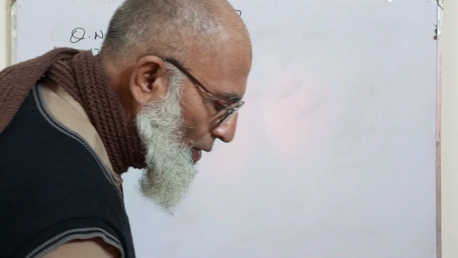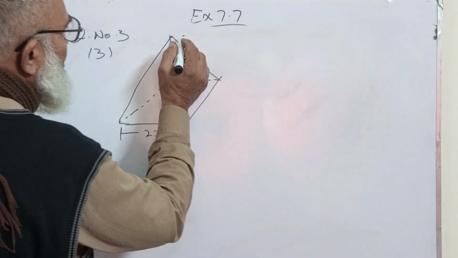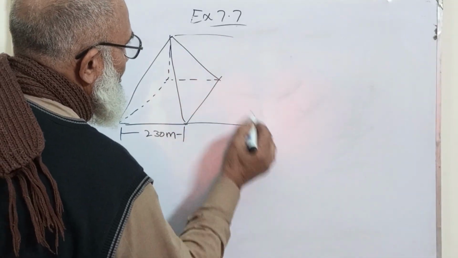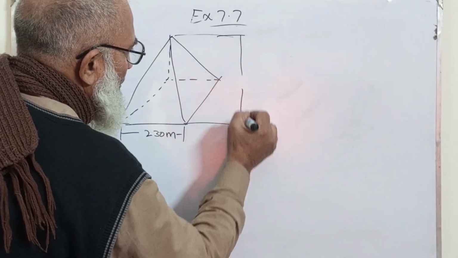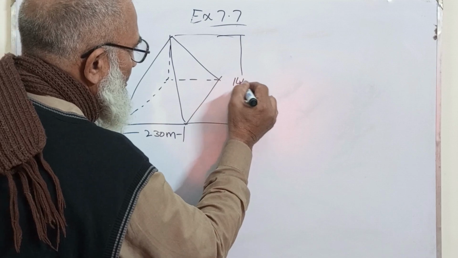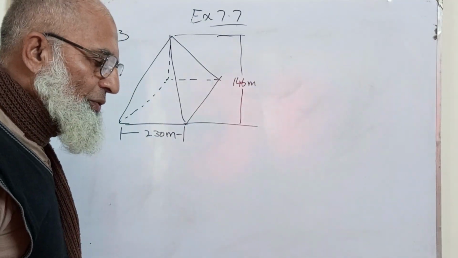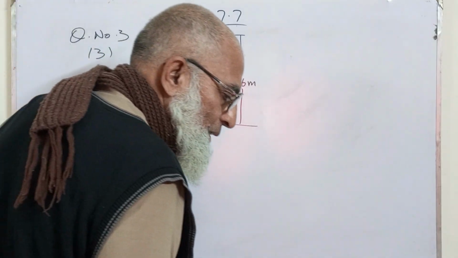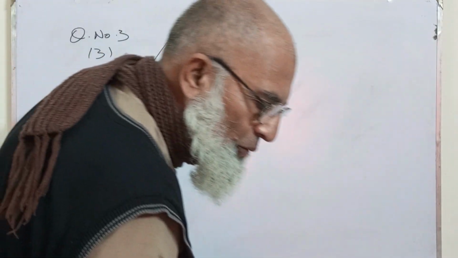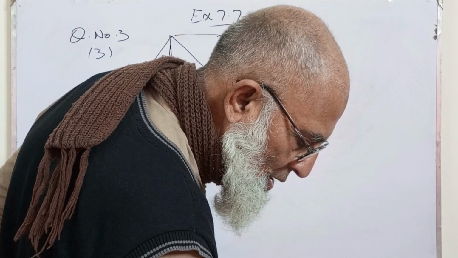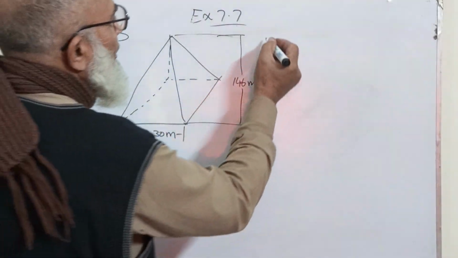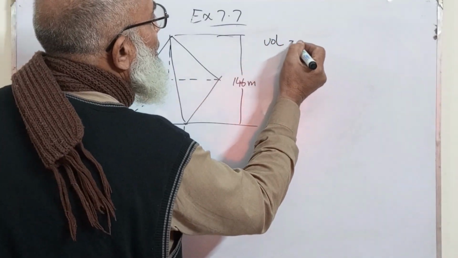The perpendicular height is 146 meters. My dear students, it is very easy to find the volume. What do we have to find? We have to find the volume of the pyramid.